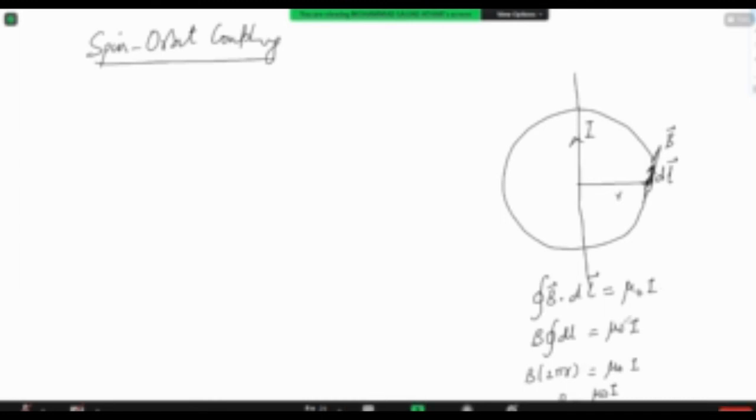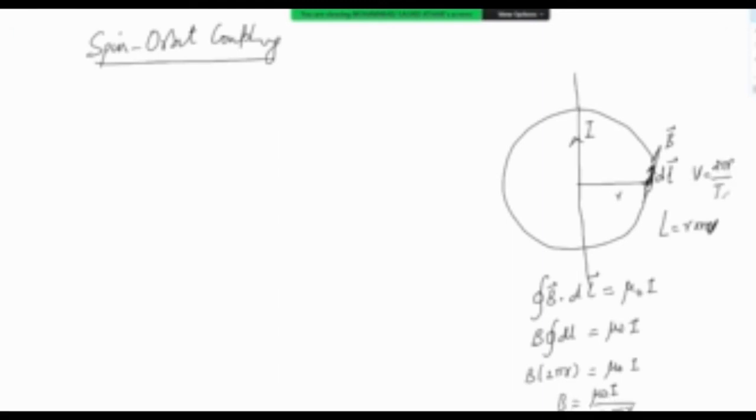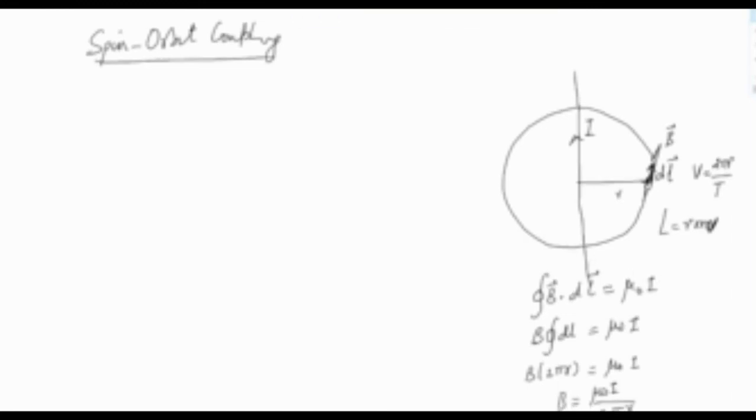Now if the electron is revolving around it and the mass of the electron is me and its velocity is v, then the angular momentum is equal to r m v. What is v? v is the circumference of the circle upon the time required to complete one revolution.